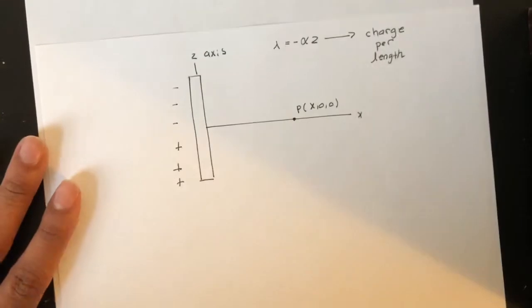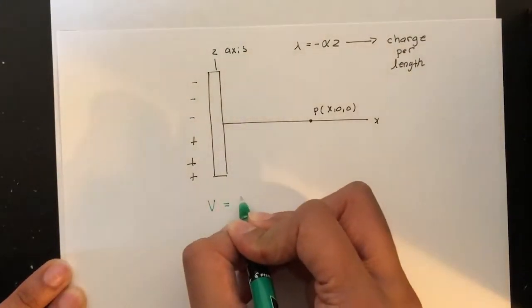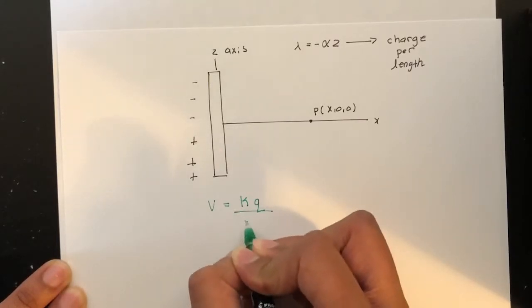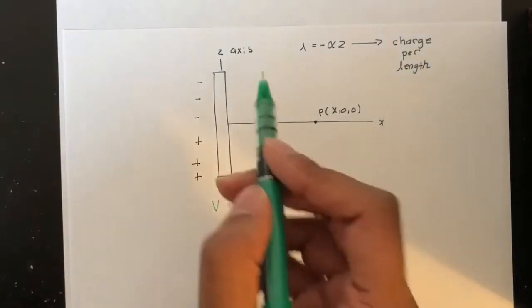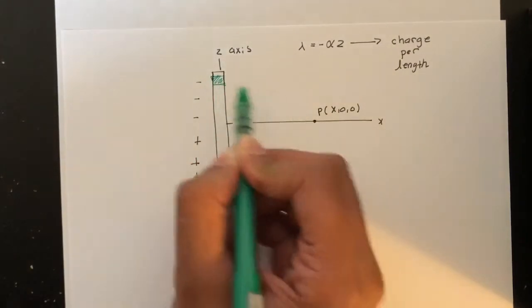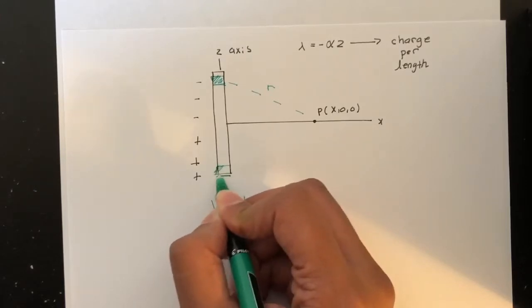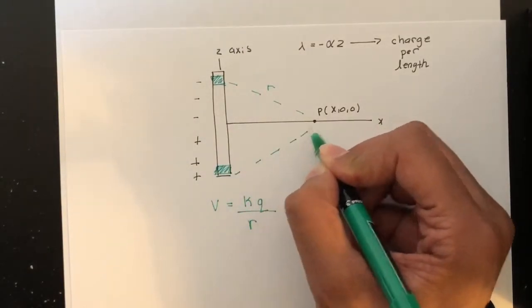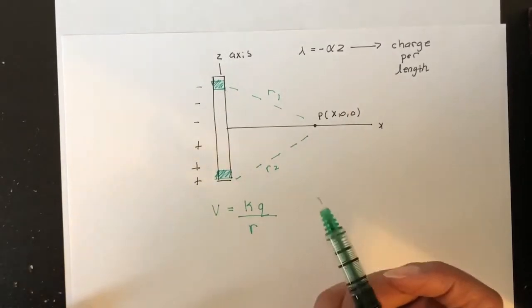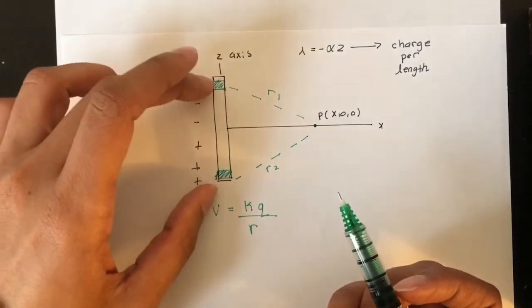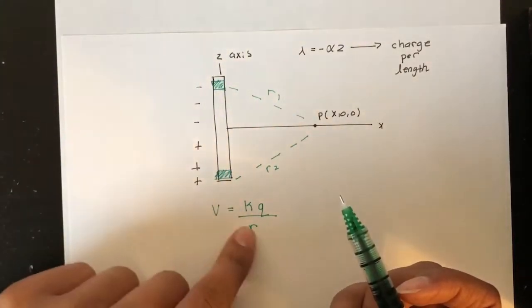Electric potential equation is V equals KQ over R. Okay, so if we took, say, this charge and found the potential at this point, at this distance r away, and we found the potential of this charge at a distance r2 away, we would see that if the distance is exactly the same, and the charges have the same value except one is negative and the other one's positive, then potential would just add up to be 0.